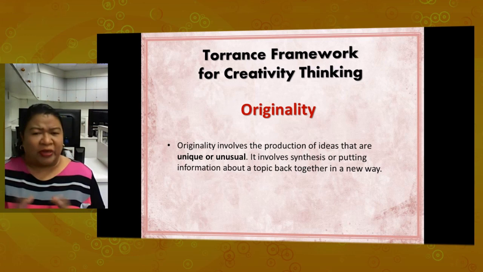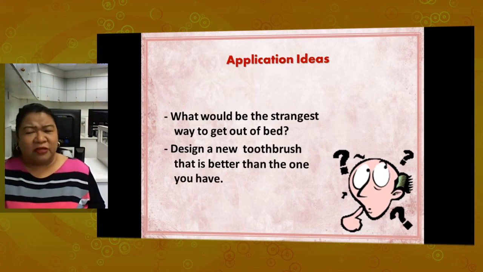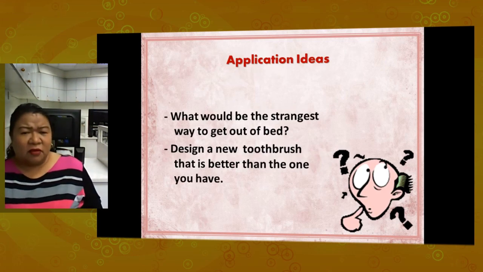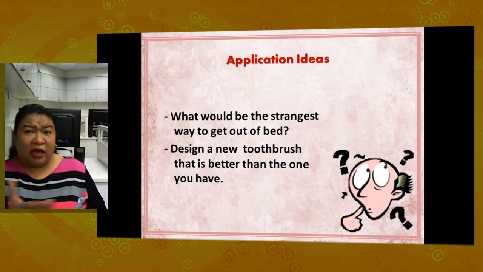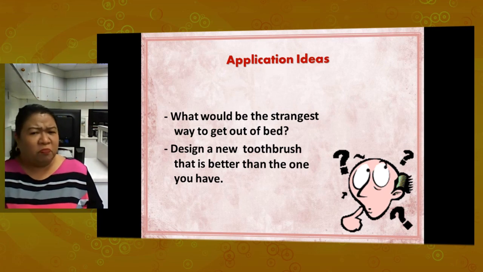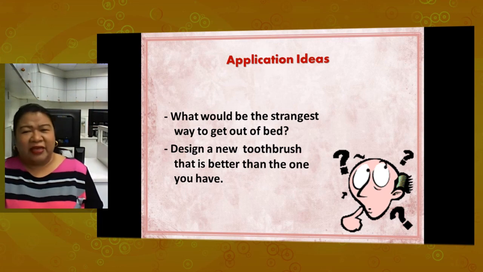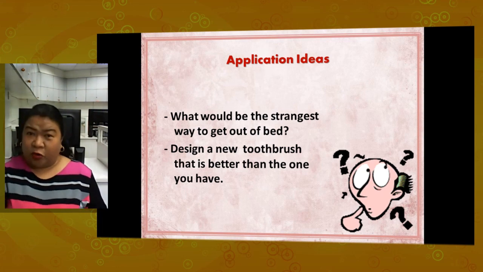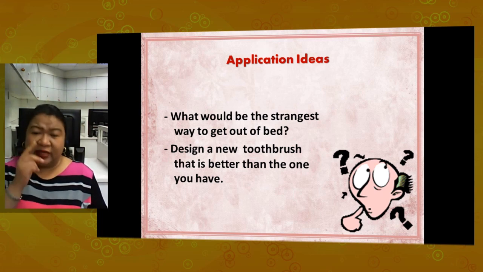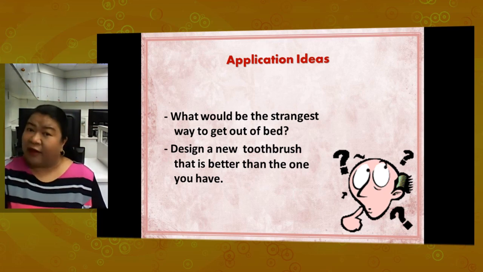Okay, so that's originality. Examples, application ideas: if we tell you, maybe now you're at home, what would be the strangest way to get out of bed? Then you think of your most original way. How are you going to get out of bed? Maybe tomorrow morning. Or when you say, design a toothbrush that is better than the one you have.